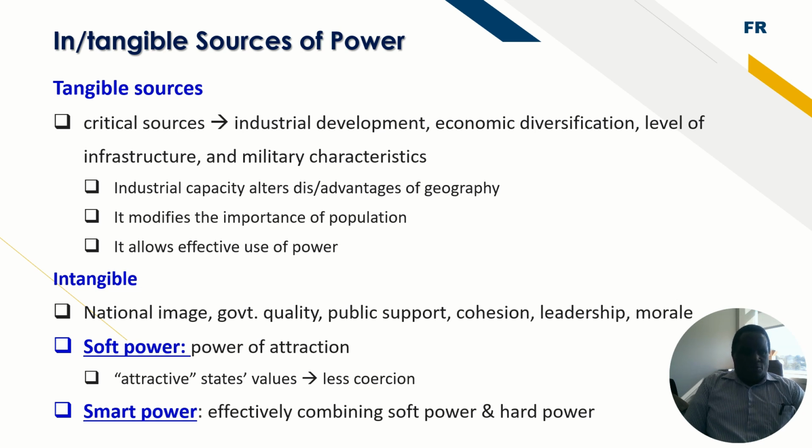There are intangible sources of power, for example, national image, government quality, public support, cohesion, leadership, morale, and so on. But also when such power is put to attraction, think about places people want to go see, Disney, or, I don't know, Paris, the Eiffel Tower.